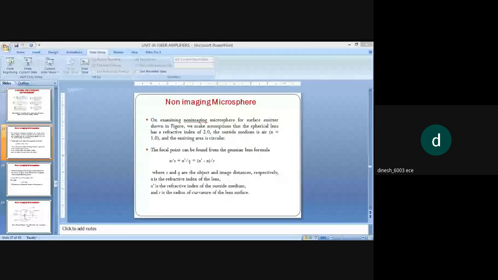Here the radius is the radius of the microsphere lens. So how much light gets in depends on your emitting area, given in micrometers on the x-axis. The numerical aperture of the fiber is taken as 0.20 and the A value as 25 micrometer.